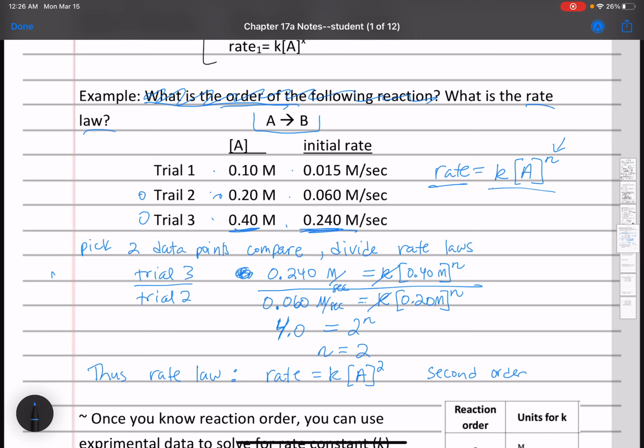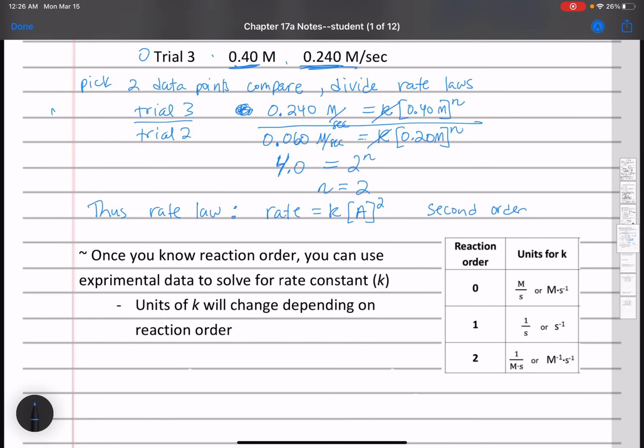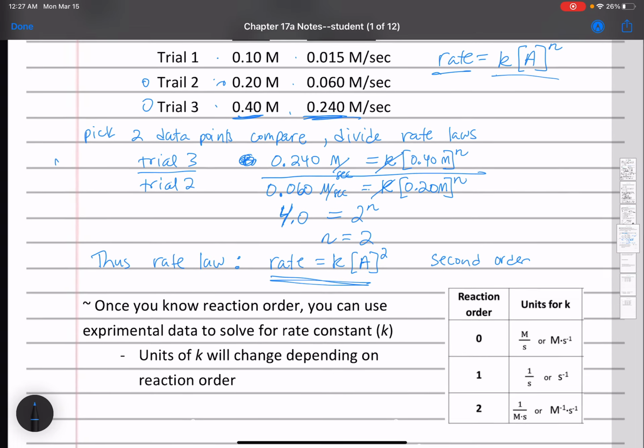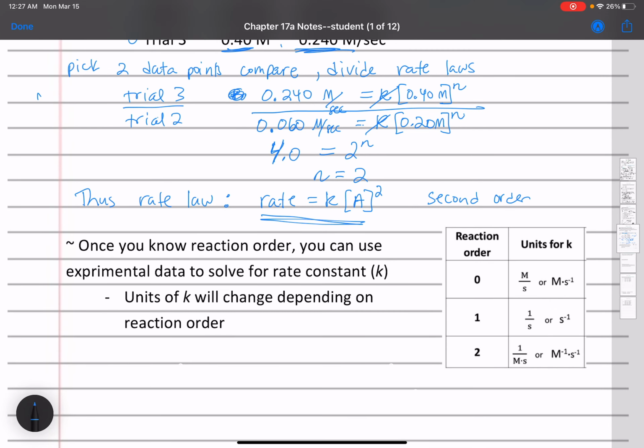We can also solve for K because once we know the reaction order, we can use the experimental data from any one of these 3 trials, plug it into this equation, and solve for K. So let's do that. We use this rate law. Sorry, not rate expression, this rate law. Rate law and rate expression are different things.